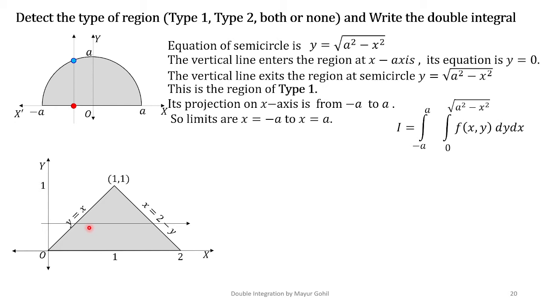Now when we pass a horizontal line, what do we observe? It is entering at y equals x and it is exiting at x equals 2 minus y. Now we also have to check that all throughout, the entry point and the exit point remain the same.